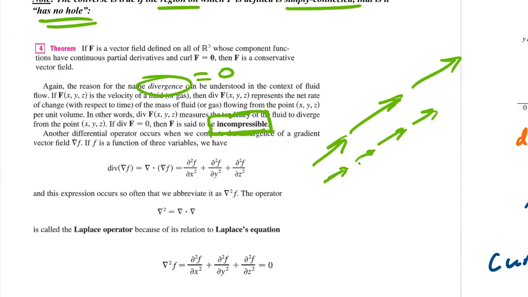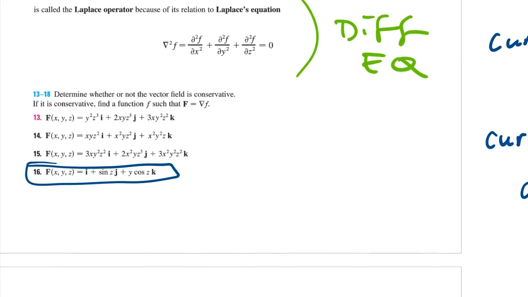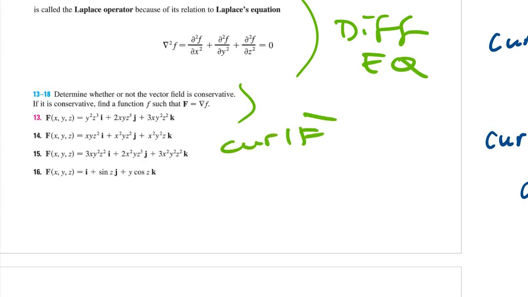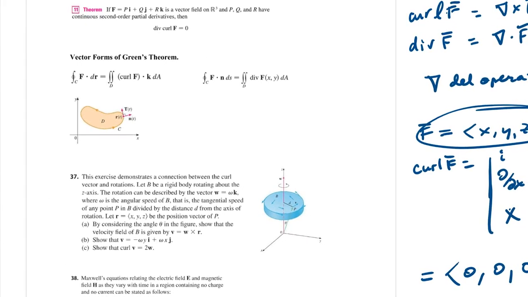They talk about sources and sinks here, and then they look at Laplace's equation, which you'll find out all about in diffie Q. And then if the vector field is conservative, show that it is. You just find the curl of f, and then you find a potential function there using the methods that we had before. And then we have vector forms of Green's theorem.